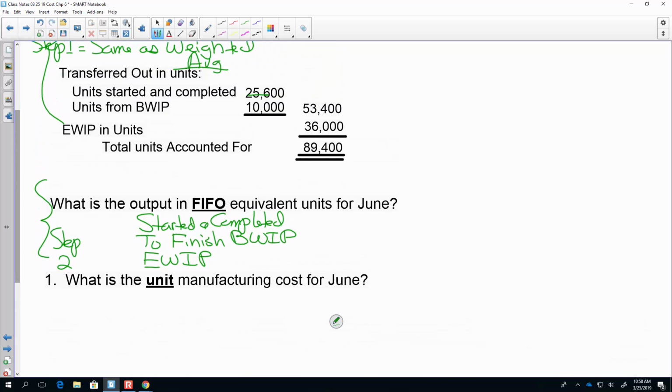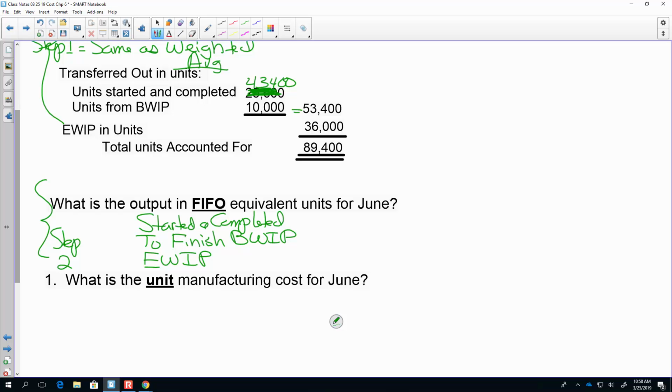This is a wrong number. Oh my gosh. Change this number, guys. 43.4? Is that what you guys have? No. Change the 25.6 to 43.4. 43.4 plus the 10 gives me the 53. So of the 53,400 units completed, 10,000 of those were from beginning units.